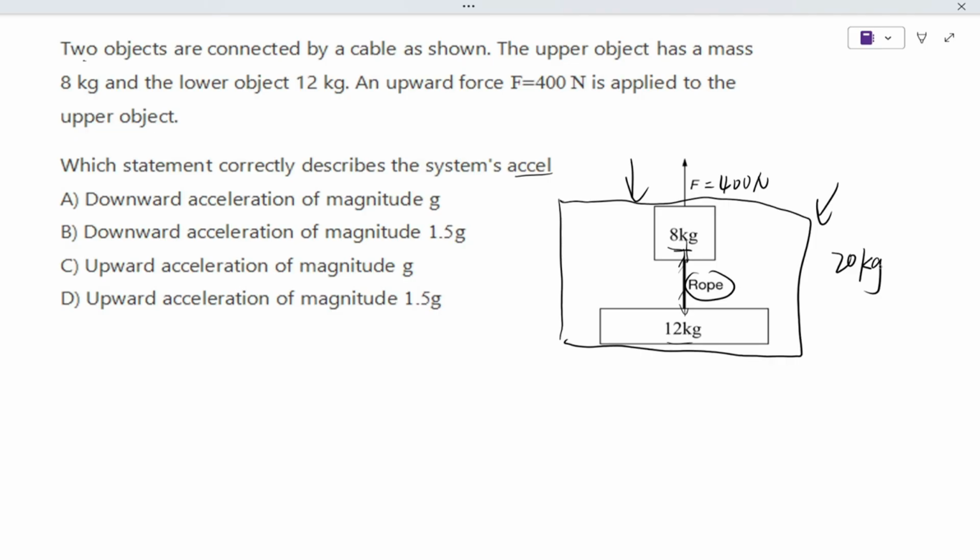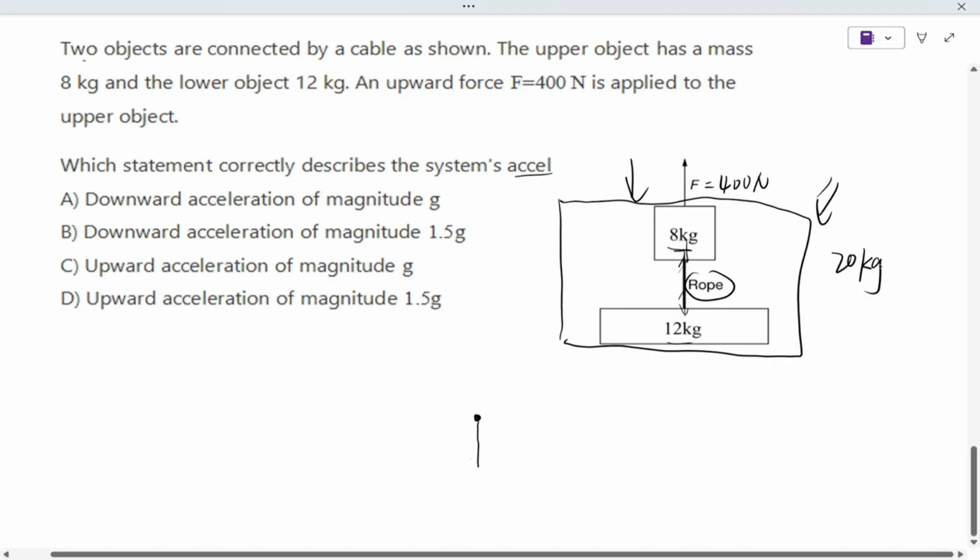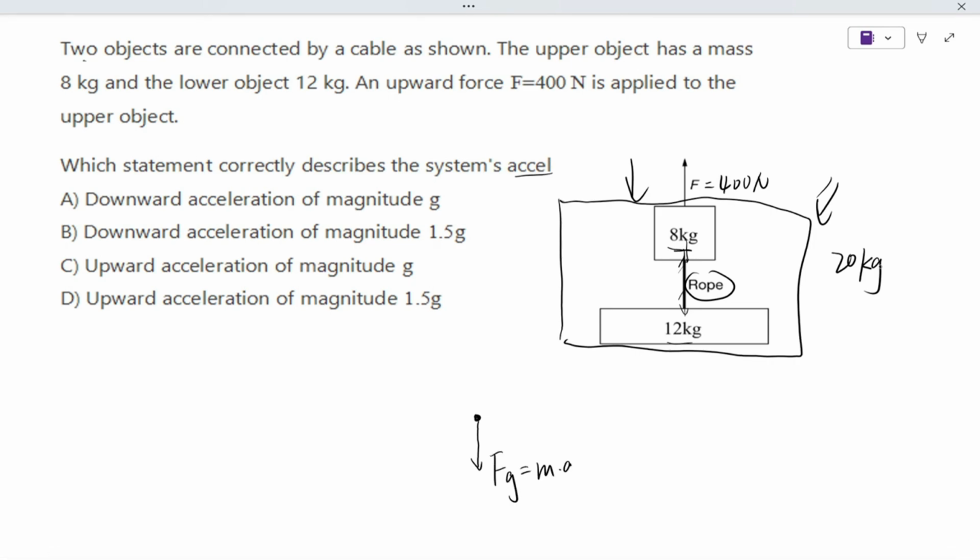So let's see what we can get. Let's draw a new free body diagram. This is the center of mass for this system, for the two block system. Obviously, it has a gravitational force, which is equal to mg, m times g. And it already told you that there's an applied force, F equals 400 newtons, pulling it upward.